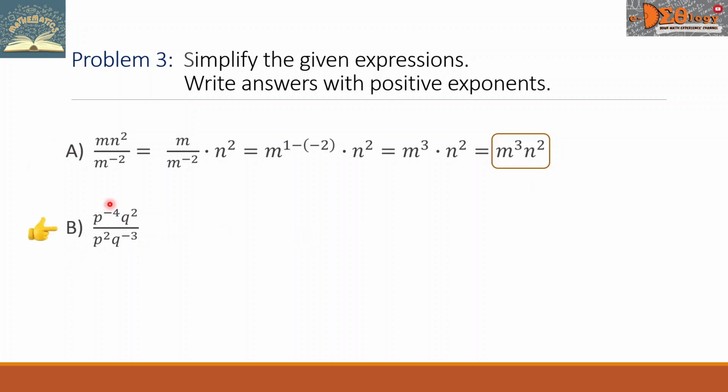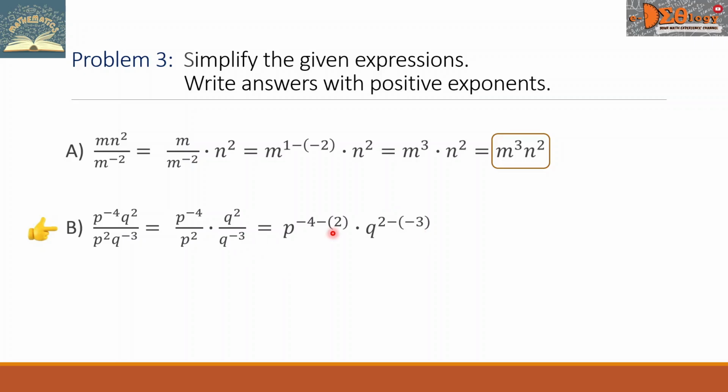Expression B. p raised to negative 4 q squared all over p squared q raised to negative 3. In this case, we group together the p's and the q's. So it becomes like this: p raised to negative 4 over p squared times q squared over q raised to negative 3. Then we apply the rule for division of exponents with the same base. For the p, it becomes negative 4 minus 2, and for the q, we have the exponent 2 minus the negative 3.